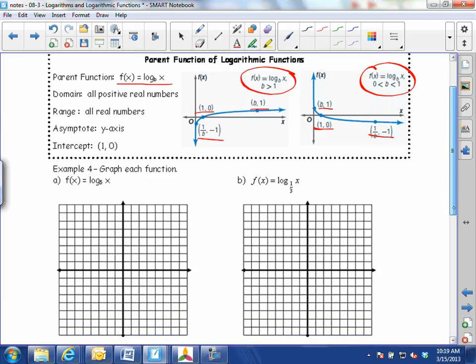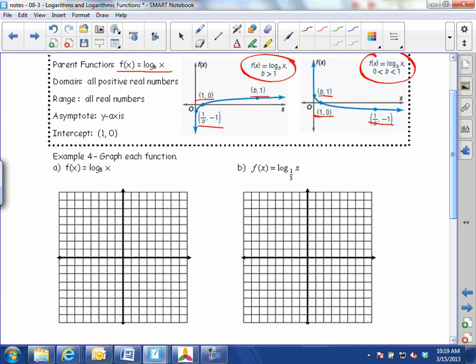Okay? So we know, since we're not adding or subtracting anything, that it's going to hit at 1, 0. So here's 1, 0. And we can graph our point at b, 1. So 5, 1. 1, 2, 3, 4, 5, 1. And we can graph that 1 over b, negative 1. So 1/5, negative 1.